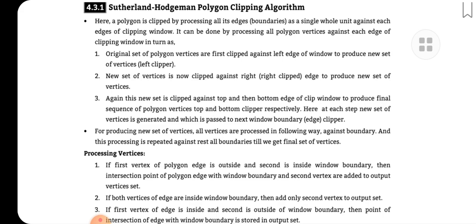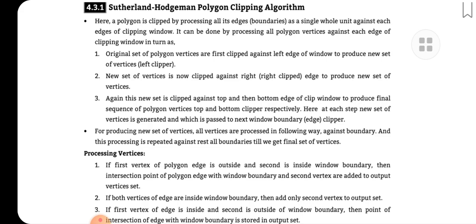It can be done by processing all polygon vertices against each edge of the clipping window in turn. First, the original set of polygon vertices is clipped against the left edge of the window to produce a new set of vertices. Second, the new set is clipped against the right edge to produce another new set. Again this new set is clipped against the top and then the bottom edge of the clip window to produce the final sequence of polygon vertices.